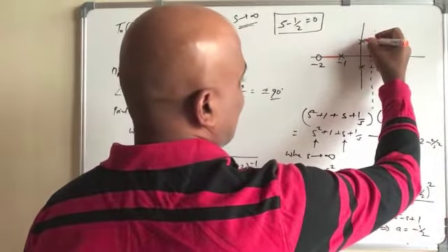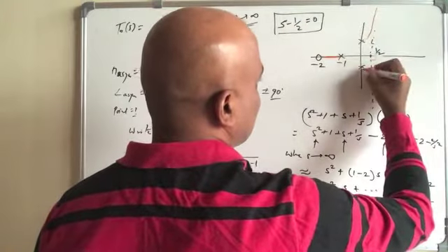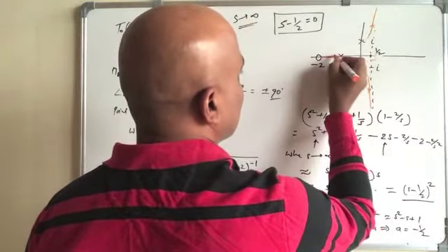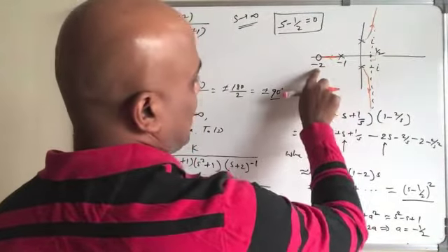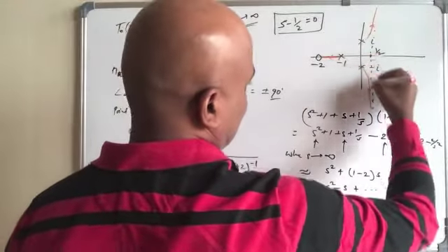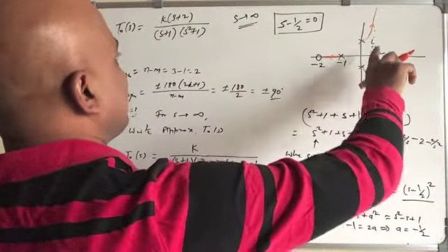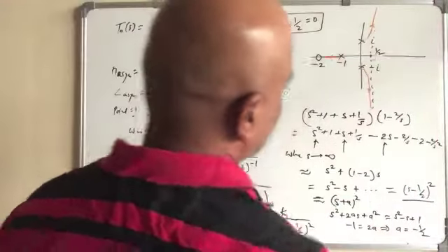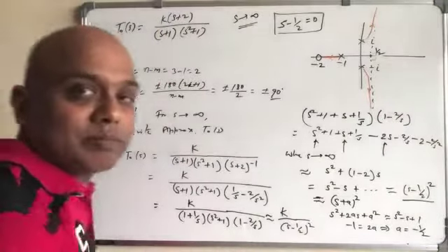So it has to originate from here and meet the asymptote at infinity, so it will go like this. This is what the root locus will look like. One goes to the zero, and the other two will go this way. And this tells you that this one is not stable, because this is on the other side, so it has a positive real value.